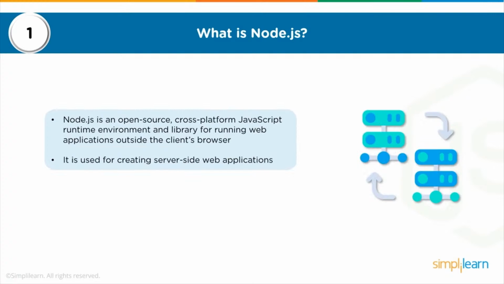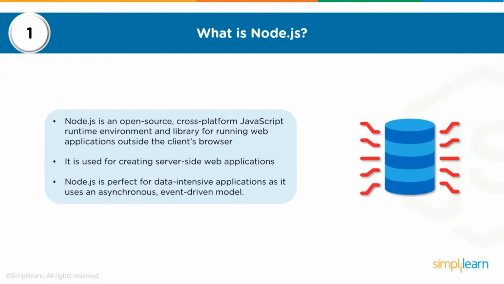It is used essentially for creating client-side web applications. We'll see this later on, and you may want to talk a little bit about using Express.js and how you can build out APIs to work with Node.js and connecting to databases such as MongoDB. That is also really good for being able to store data-intensive applications that are asynchronous and event-driven in their model. And this is important when you're talking about creating applications that can scale rapidly.